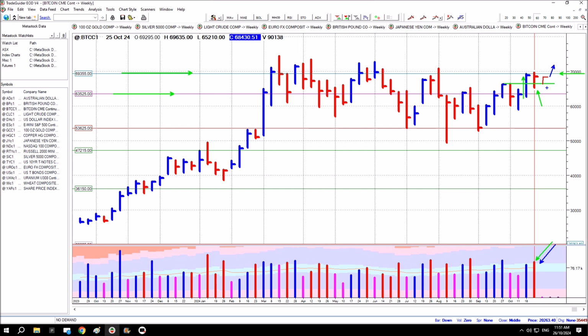But I would expect a modest pullback either over the weekend or early next week to test for supply and just establish that the selling pressure in the market has reduced, and that would allow the market then to move higher in response, and that would be sustainably higher.